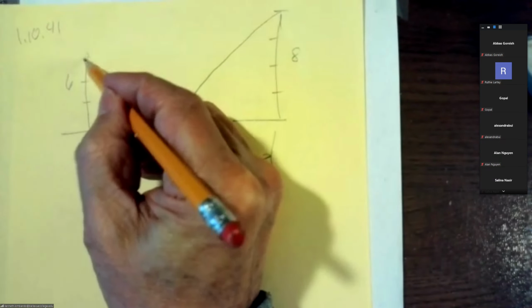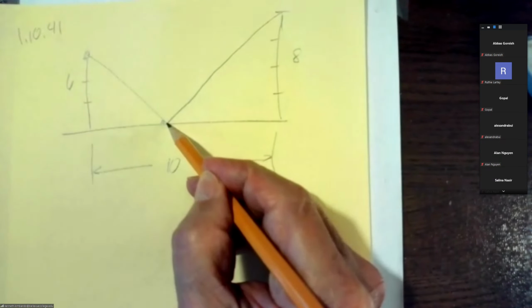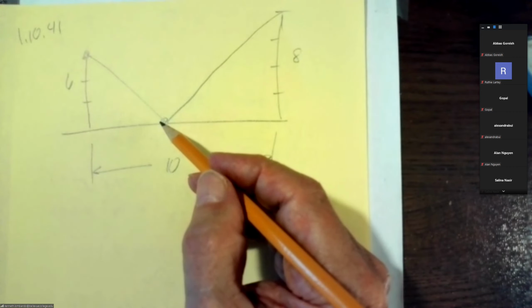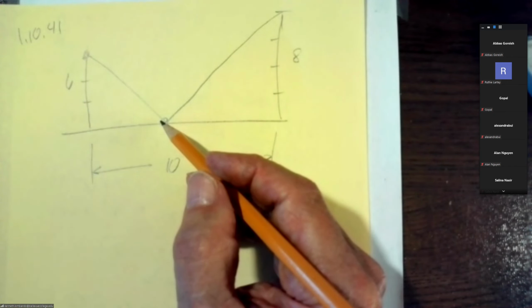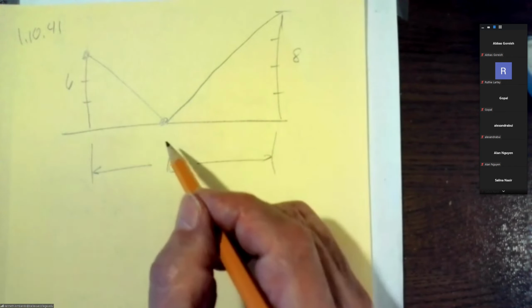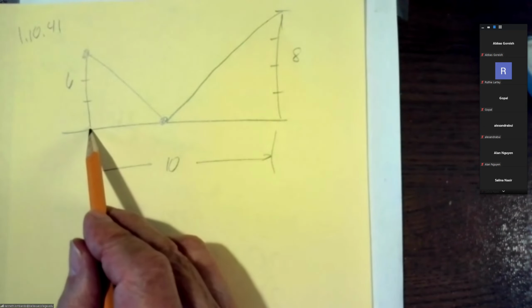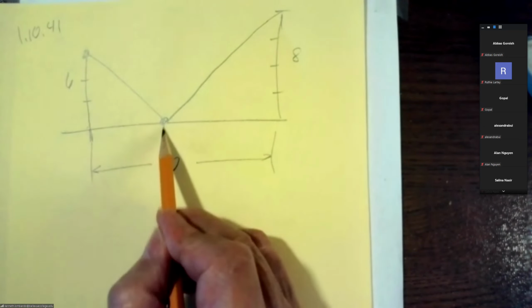So we've got a point on top of the pole here, between the poles, and express the amount of cable used as a function of the distance from the 6-foot pole to where the cable touches the ground. So from the 6-foot pole, that would be from here to here.